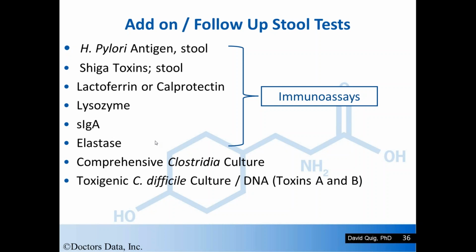We also offer a very comprehensive Clostridia culture, and that's most commonly used by people that are working with autistic children, because as you know, several Clostridia clusters have been found to be more prevalent in children with ASD.